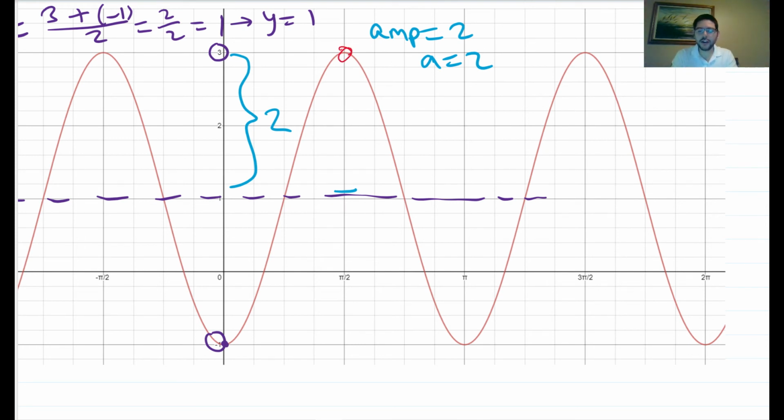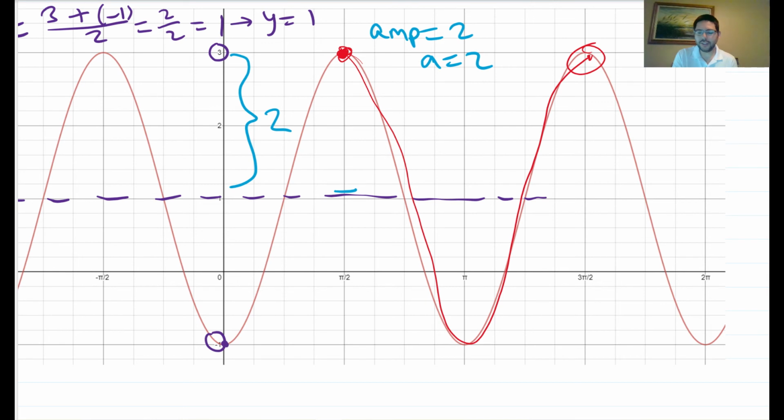So if I start here, then we keep going, we keep going. And then this part is where we're going to stop. That's where it stops repeating, right? After that point, it's going to start repeating. So that's one period, one cycle, from there to there.